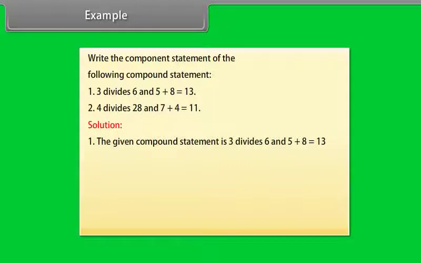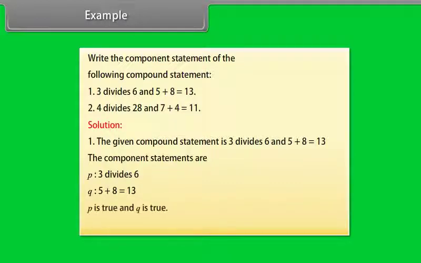The given compound statement is "3 divides 6 and 5 plus 8 is equal to 13". The component statements are: P: 3 divides 6. Q: 5 plus 8 is equal to 13. P is true and Q is true. Hence, P and Q is true.